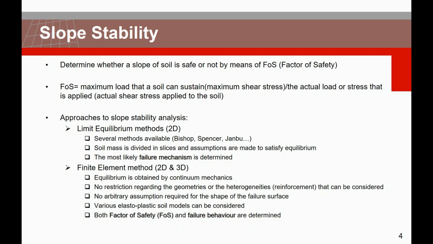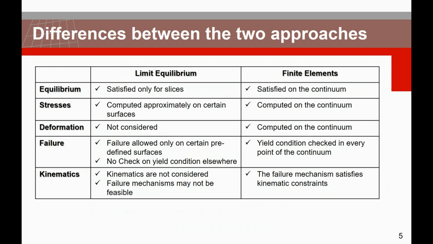Various elastoplastic soil models can be considered, and both factor of safety and failure behavior are determined. In this table, I try to summarize differences between these two approaches in terms of equilibrium, stresses, deformation, failure and kinematics. So you can see that the finite element method has some strong advantages.